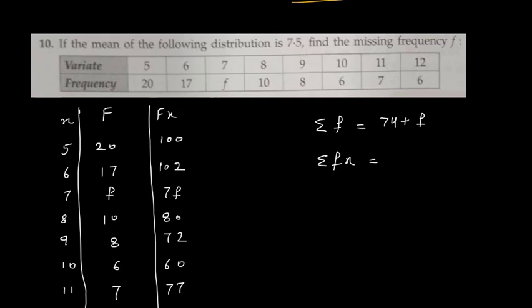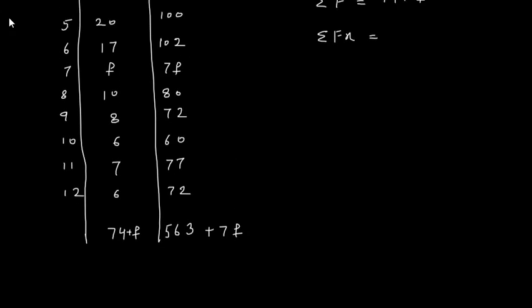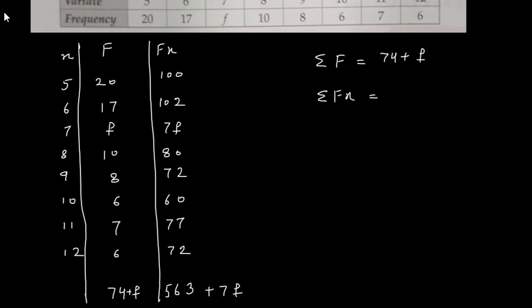So this is sum of capital F, and this is sum of capital F into x. And this capital F into x, the total is 563 plus 7f.